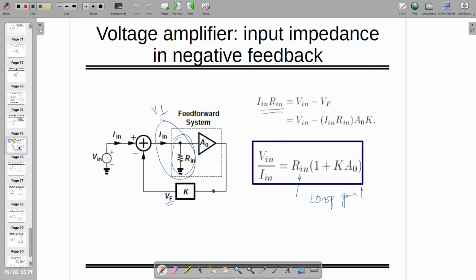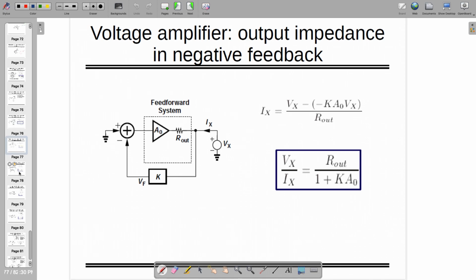Now let's look at the next part of the discussion, the output impedance. In the realistic model, it has to go in series. So R_out is at the output of this one. Now I'm interested in finding out the output impedance. In that case, I'm going to keep the input voltage at 0, and at the output I'm going to apply some known potential V_x, and V_x by I_x is going to give me the output resistance.